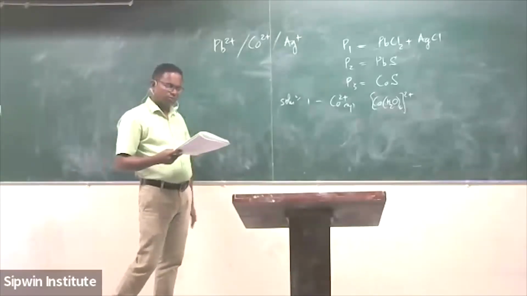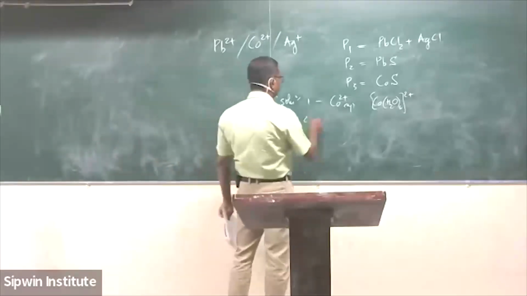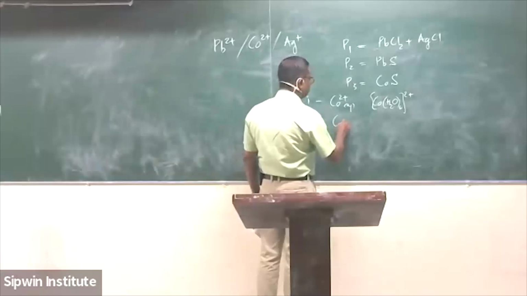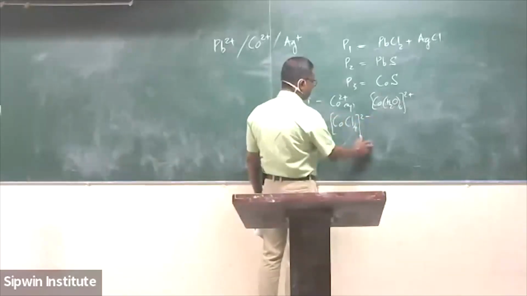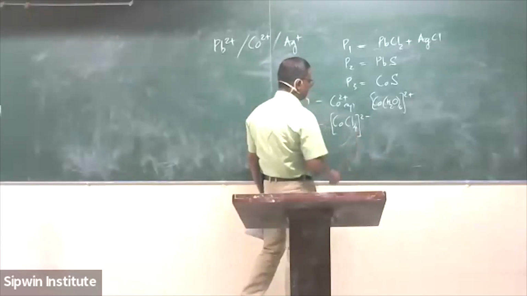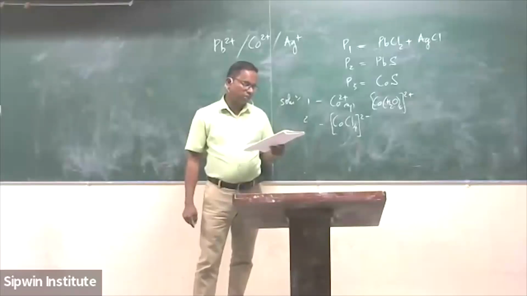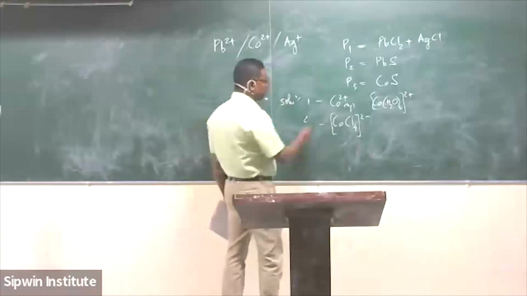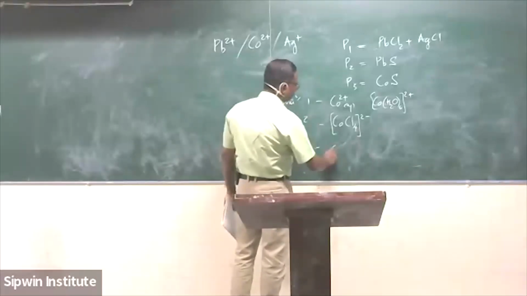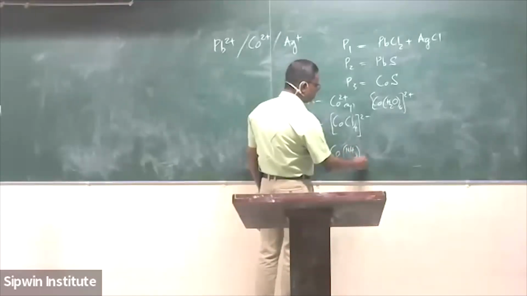Then solution 2, the blue colored solution, means CoCl4 2 minus. Solution 2: CoCl4 2 minus. Then solution 3, a yellow brown solution, means cobalt ammonia complex: Co(NH3)6 2 plus.